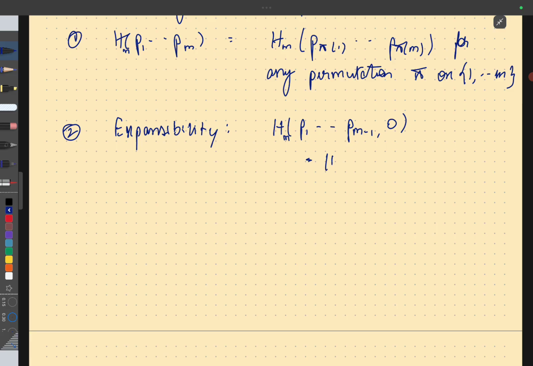Then this should be equal to H_(m-1) on the reduced alphabet, p1 up to p_(m-1). So adding in more symbols with 0 probability should not really change the amount of randomness in the system. Right? Again, both of these requirements are very natural because just changing the labeling does not change the amount of randomness in X. And similarly, adding more dummy symbols with 0 probability cannot really increase the randomness in X.